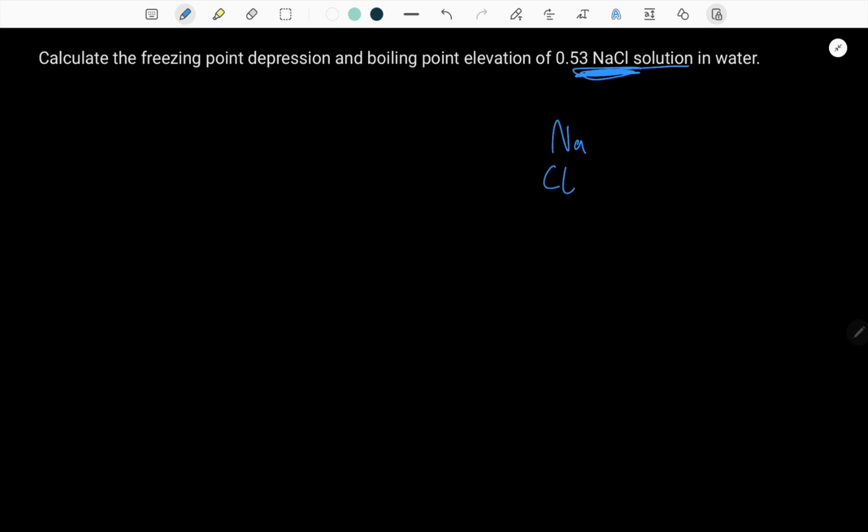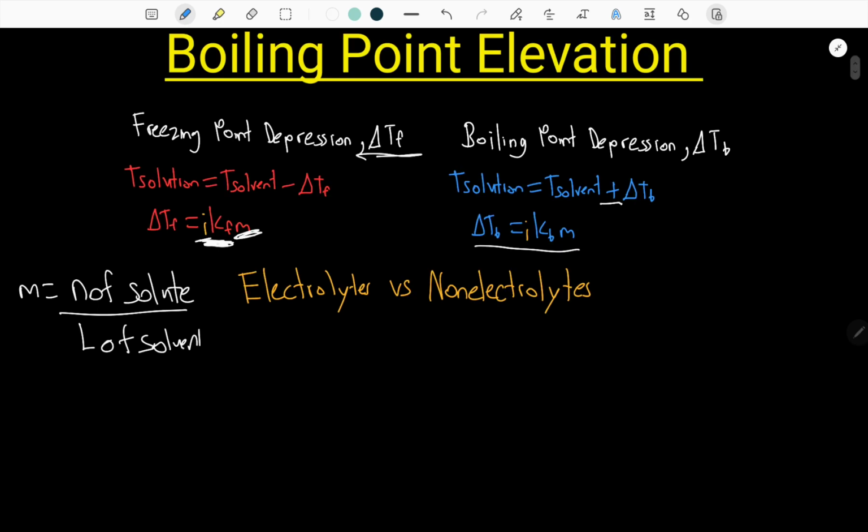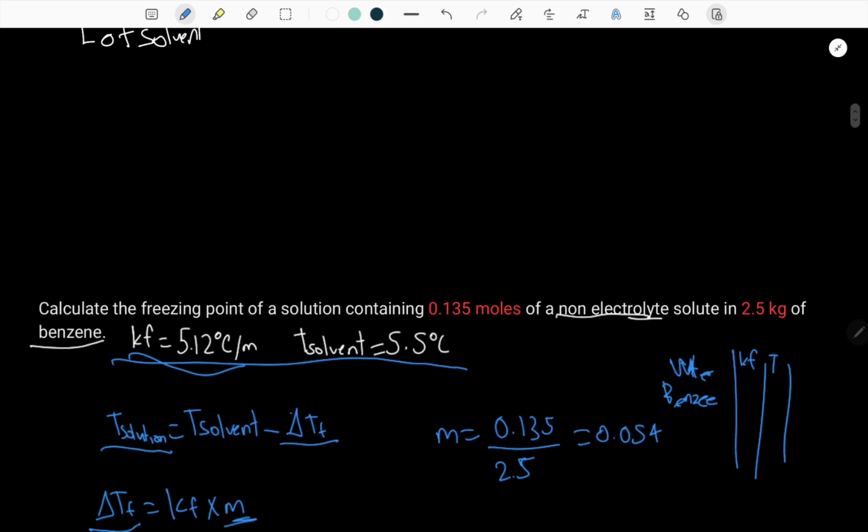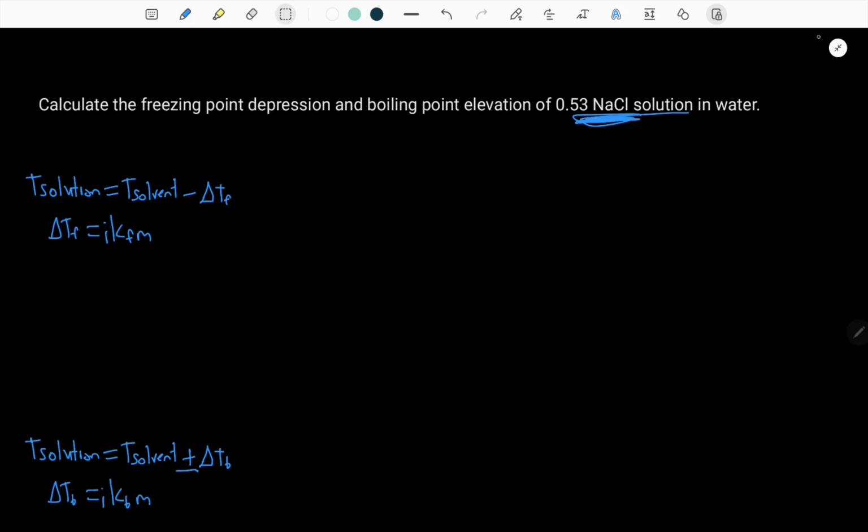Now we will be using the second formula for electrolytes, which is basically with the i here, and i here will be the number of ions. You multiply the delta Tf, the freezing point depression, by i.